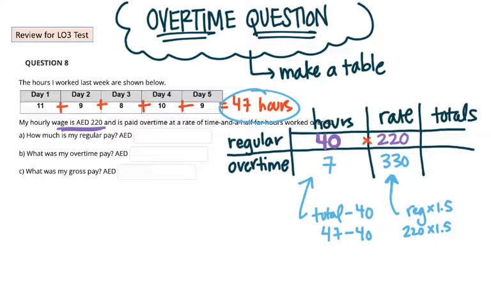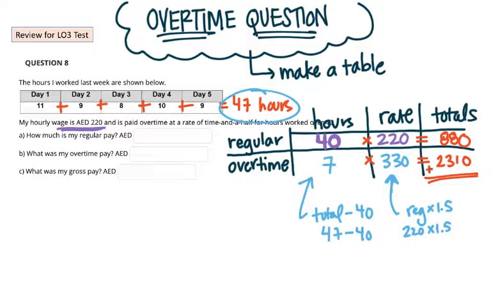Now your next step for both the regular row and the overtime row is you multiply across, and we get 40 times 220 is 880 for our regular pay, and then 7 times 330 is 2310 for our overtime pay.